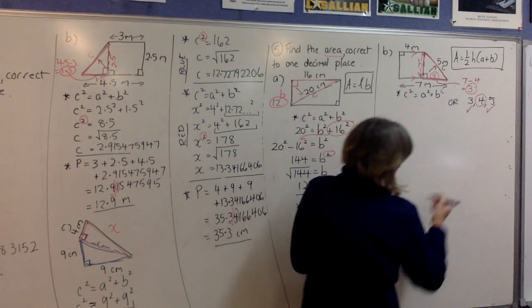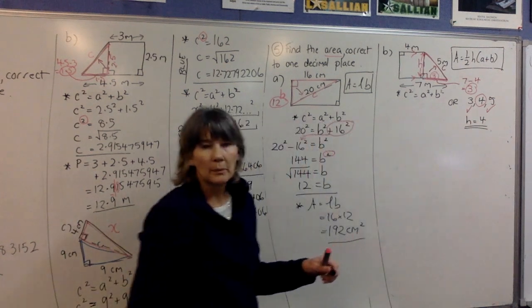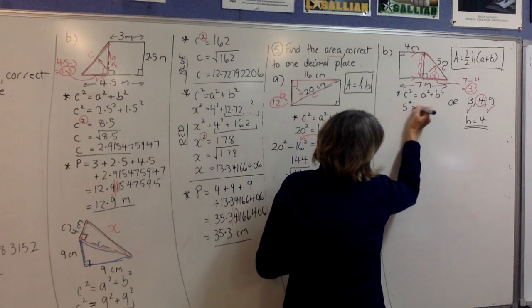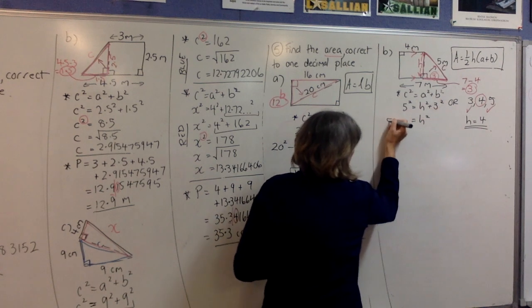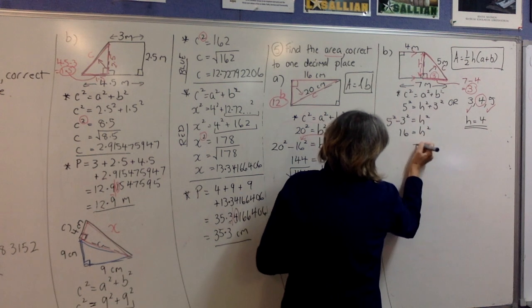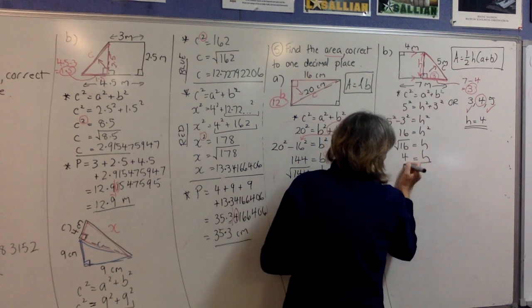If you know that straight away, perfect. Just write it in. Okay, if you don't, go through your working until you get your answer. These are all the steps. And by the time you get down to there, you'll eventually get your 4 out.